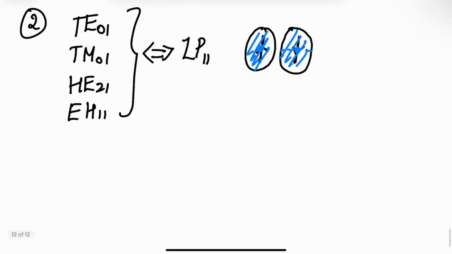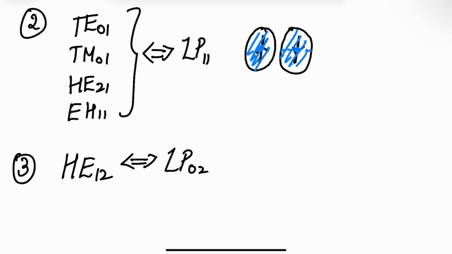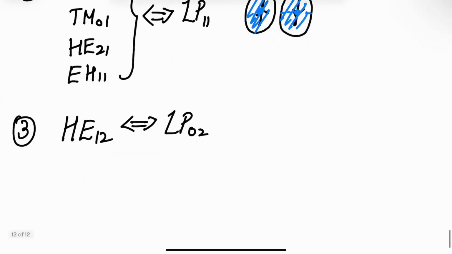Then the third mode is another single mode, which is the HE12 mode, equivalent to LP02. What does this look like? It looks kind of like this.